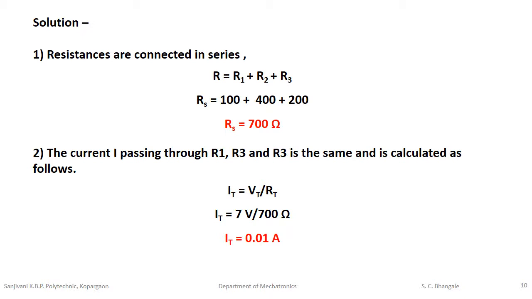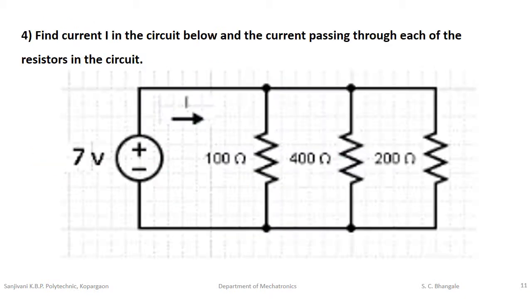So 7 volt divided by 700 ohm. How did we get the 700 ohm? 700 ohm is the total equivalent resistance of the circuit we calculated initially. So if we take the ratio of 7 volt divided by 700 ohm, the total current flowing through the circuit comes to 0.01 ampere.